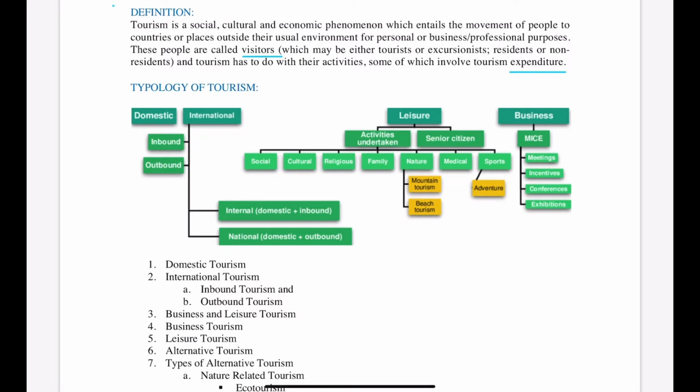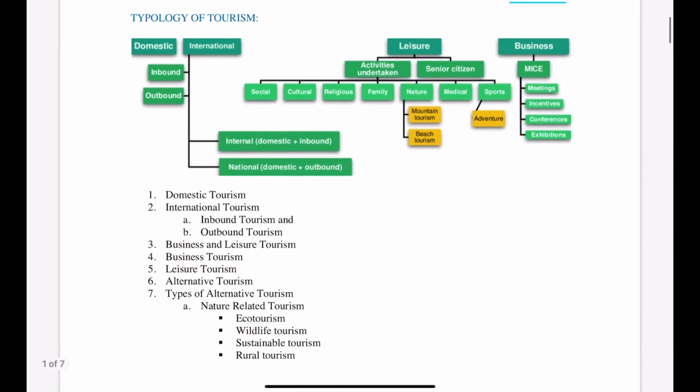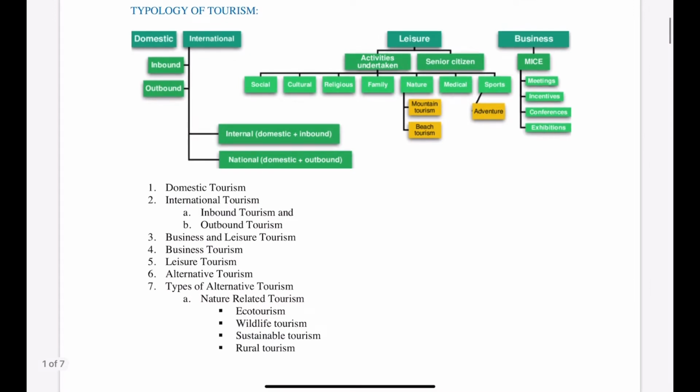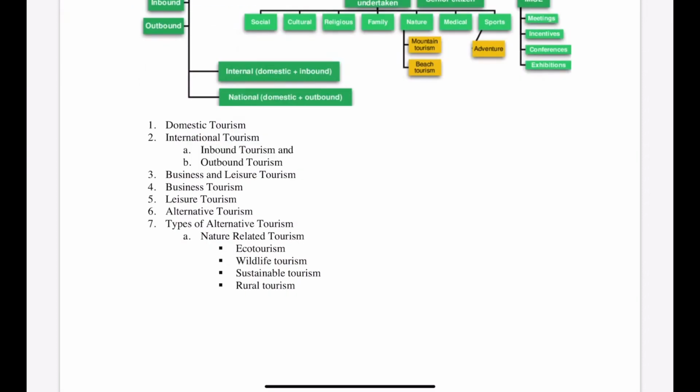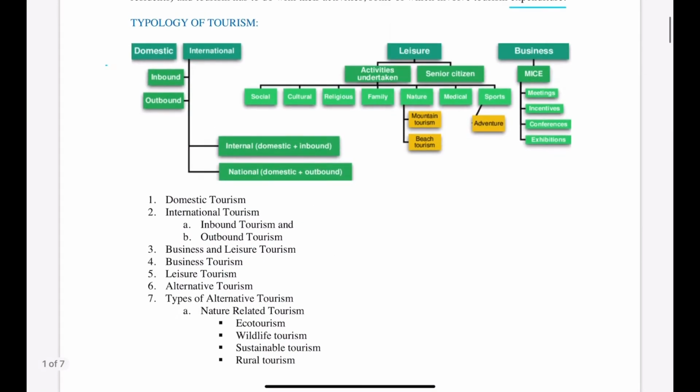So coming to types of tourism, depending on whether it is a domestic or international travel or whether it is for leisure or business, we can have different types of tourism. Types can also be called classification of tourism, or typology of tourism. Here we have different types of tourism. I have listed a few of them, that is domestic tourism, international tourism, business and leisure tourism.